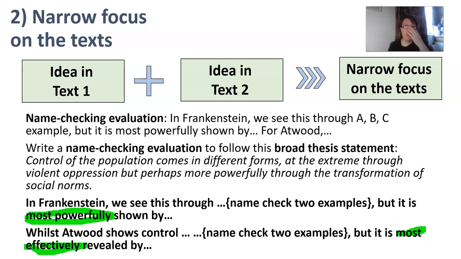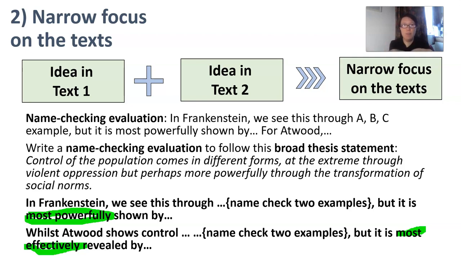All right, the name checking evaluation then. So the name checking, as you know, is where you give several examples from the text and then you say which one is the most powerful. And so we practice this because we're practicing showing a wide range of knowledge about a text. And so I've got all of these examples of how this idea is shown in my text.